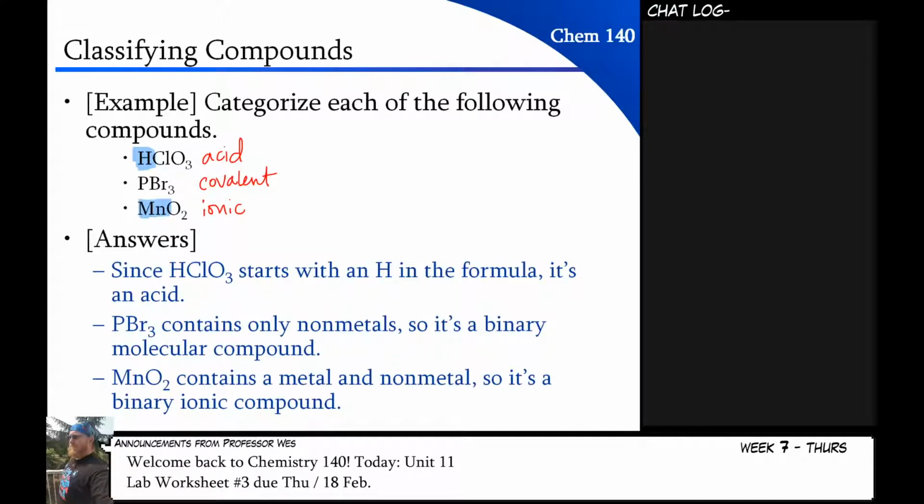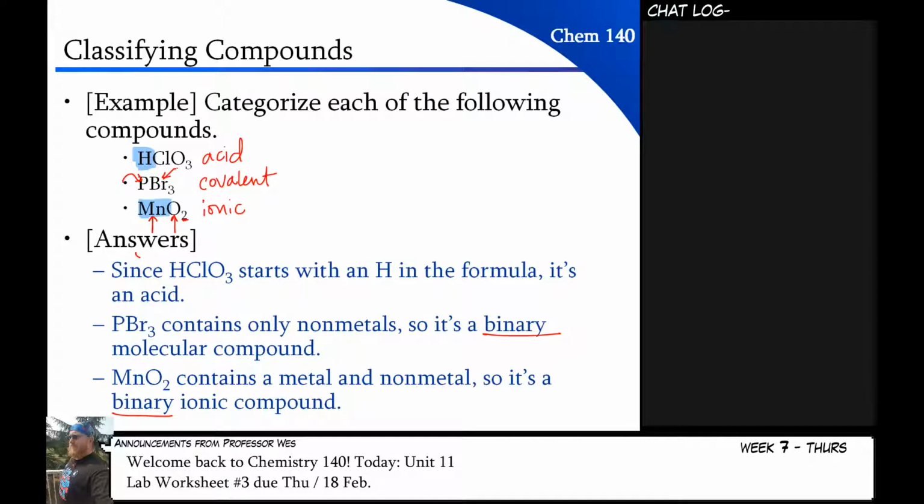Now, what's this binary part that I keep throwing around here? A binary compound is a compound that contains only 2 elements. So, for example, in this compound right here, MnO2, there are 2 elements, manganese and oxygen. Now, there's multiple oxygens, but we don't care about that. We just care that there are two distinct elements. In PBr3, we've got phosphorus and bromine.